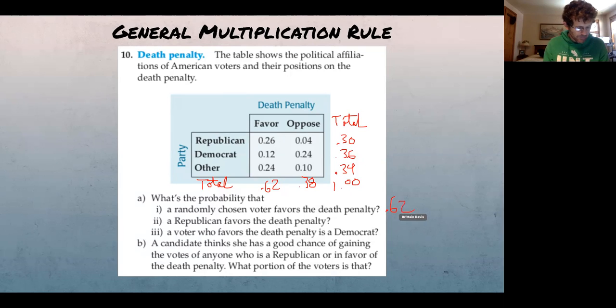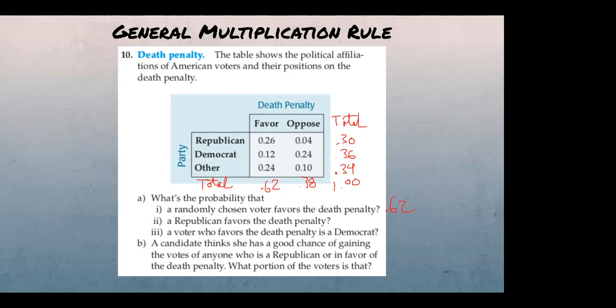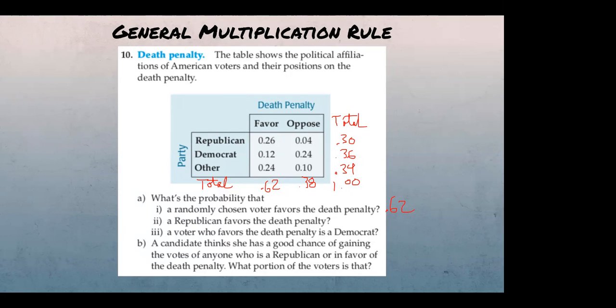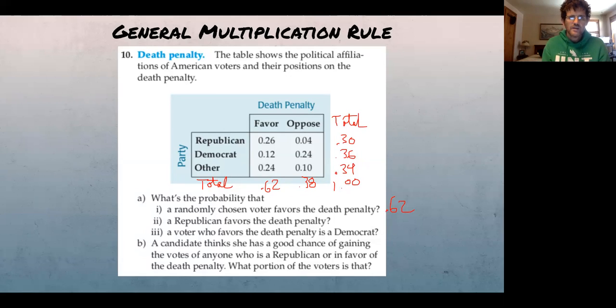What's the probability that a Republican favors the death penalty? .26 out of 0.62. I think it's probably set up a little differently, but you have the right idea. Or wait. See, sometimes the wording is very tricky.